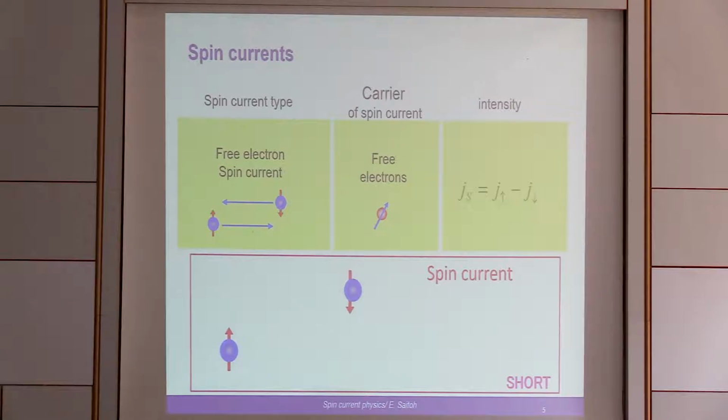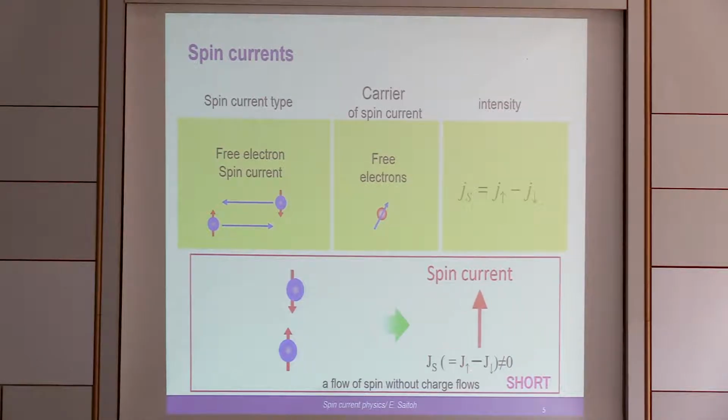The free electron spin current can be written as J up minus J down. There is no net charge current, but when this value is finite, the spin angular momentum flow is finite.